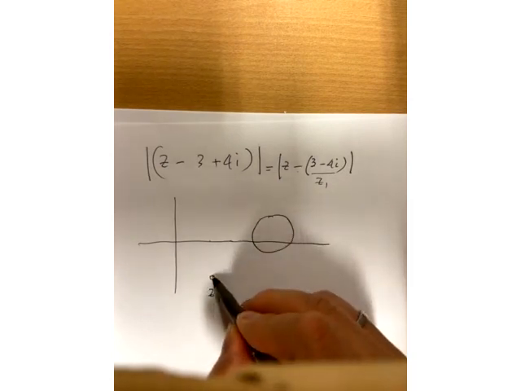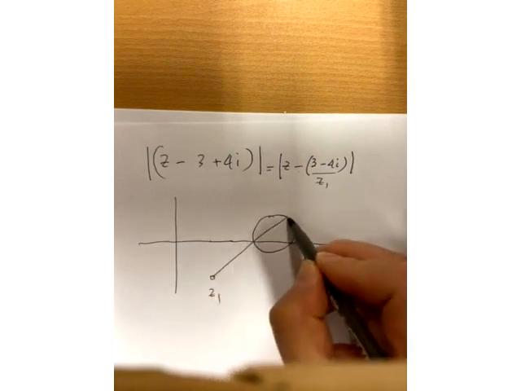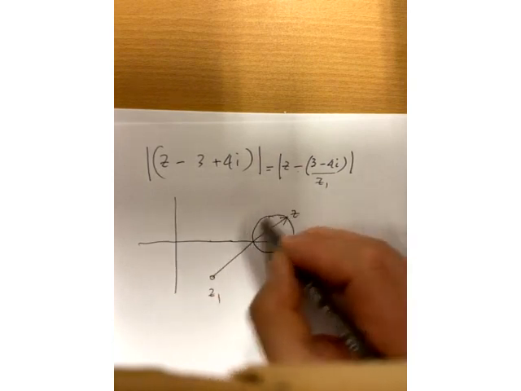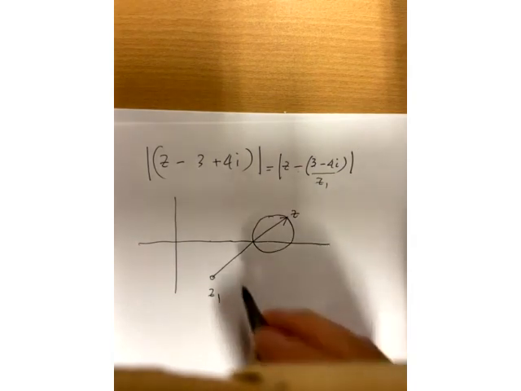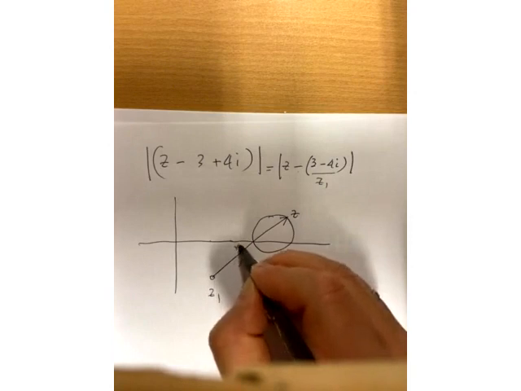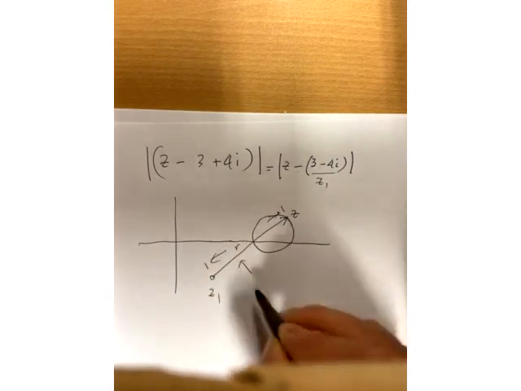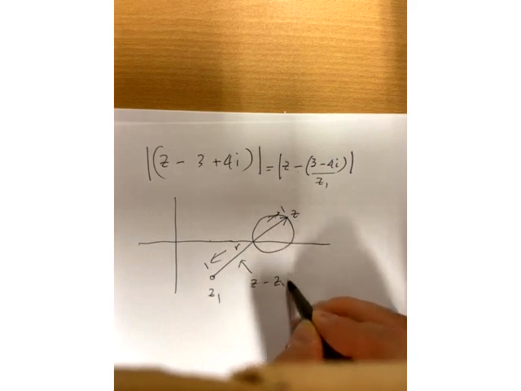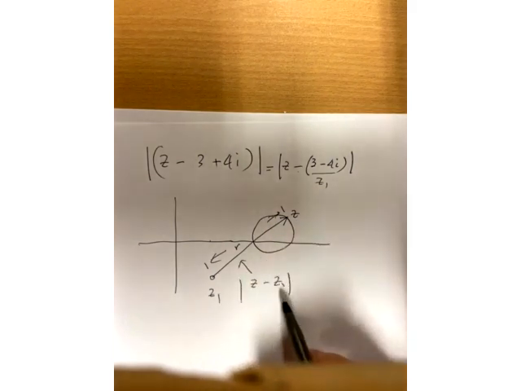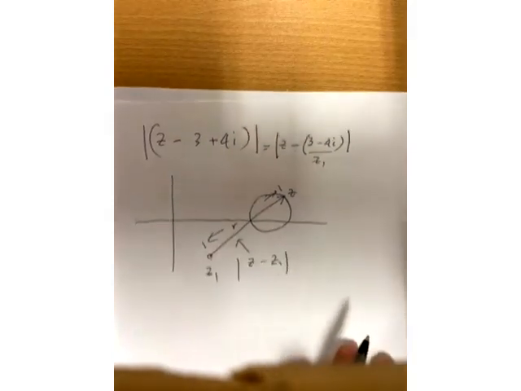Then the length of the vector from Z1 to Z, any point on that circle, this value of R from here to here would represent the value of Z minus Z1, which is the length of the vector from Z1 to Z. Very important that you know that.